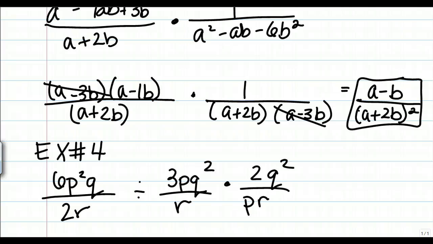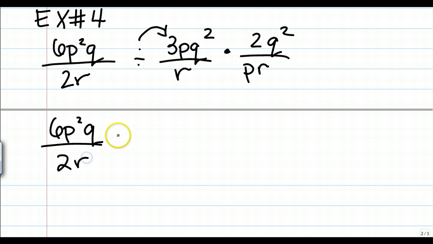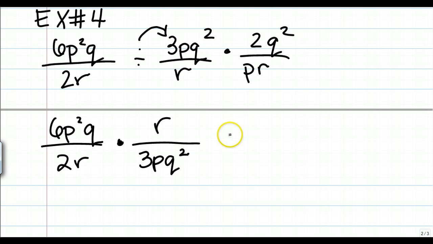So when you look at this, remember right here we have to take the reciprocal and multiply. So when we do that, we get p squared q over 2r times, this is going to be the reciprocal, r on top and 3pq squared on the bottom, times 2q squared over pr.